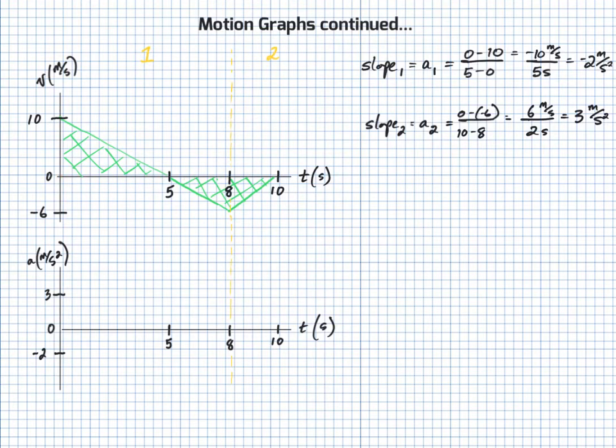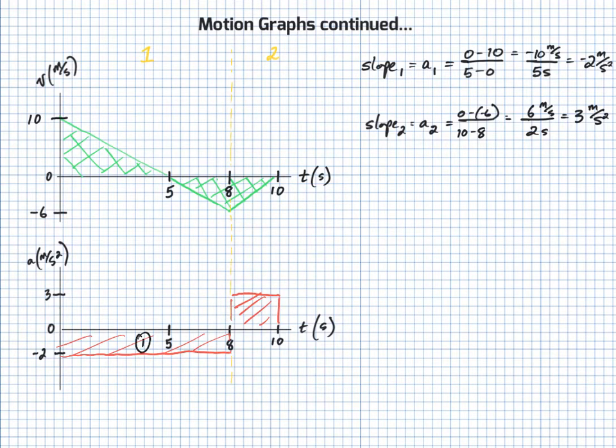You see that the slope of our line never changes here. So we can just draw a straight line from 0 to 8 seconds. And now from 8 to 10 seconds in section 2, we're going at a constant 3 meters per second squared. There is our completed acceleration versus time graph.